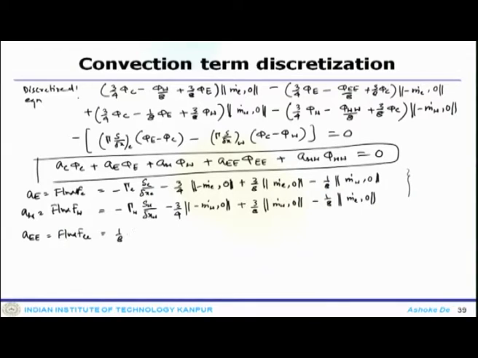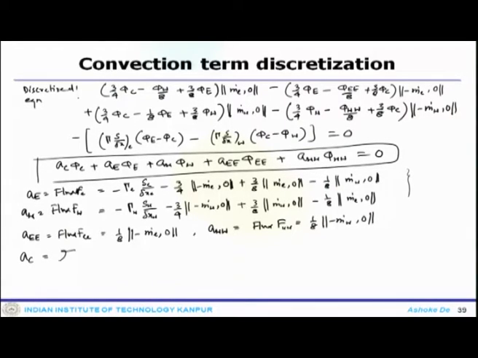The only thing you will see different is the coefficient calculation. Now, A WW equals the flux F WW equals 1/8 minus m dot W 0.